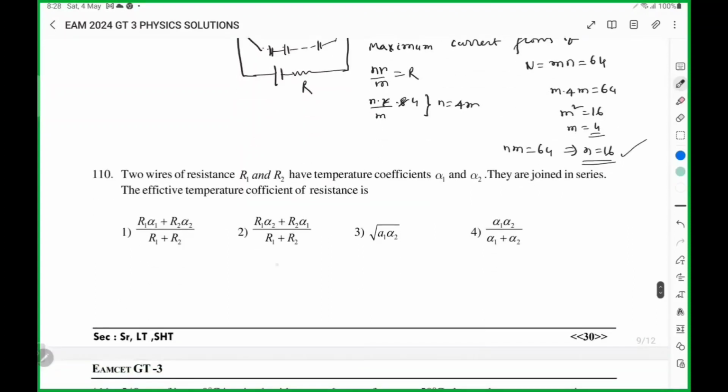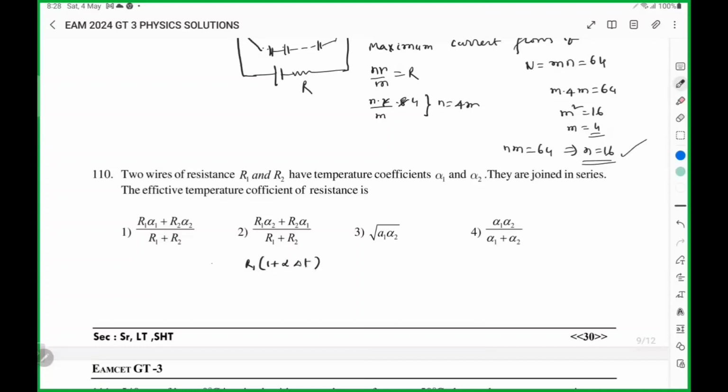Here it is wires of resistance. R2 minus R1 is R1 alpha 1 delta T. So this is about one wire. Initial resistance at T1 is R1.